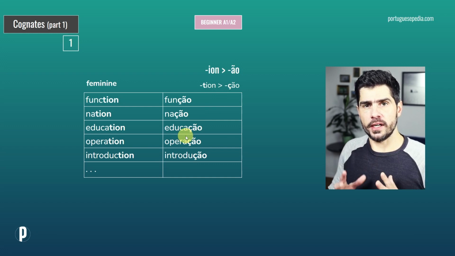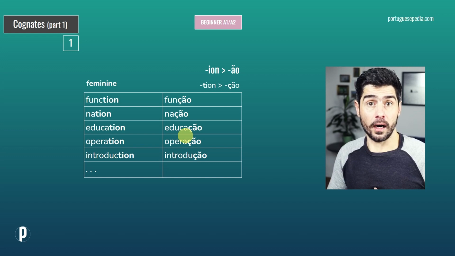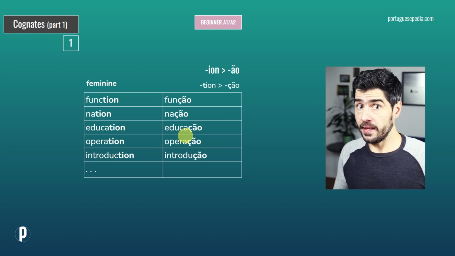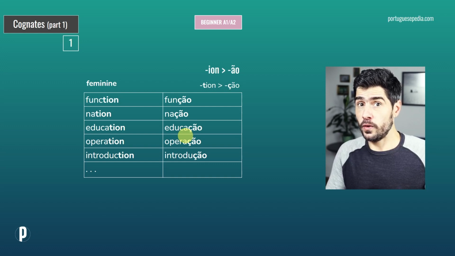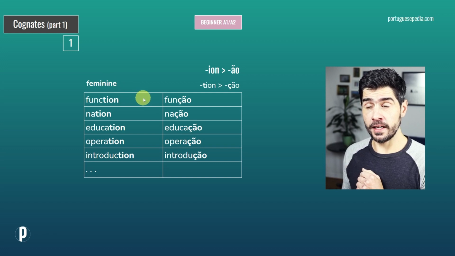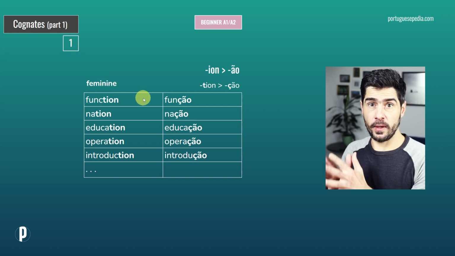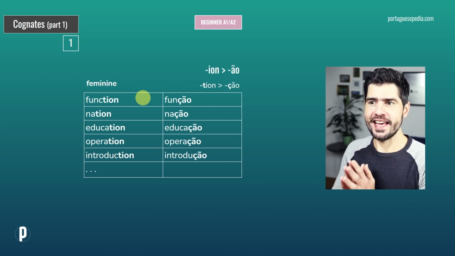Now, if we are talking about concrete nouns, for instance, coração, heart, you see, it can happen that the noun is masculine, which is the case, o coração. So this feminine rule applies, or you can be sure that it will apply, when we are talking about abstract nouns.